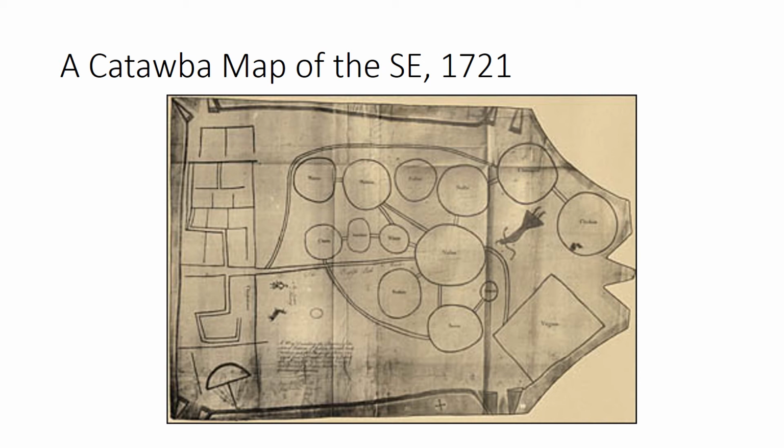It doesn't have boundaries because this Catawba man, like most American Indians at that time, unless they'd spent a whole lot of time with Europeans, didn't even conceive of boundaries. They didn't even conceive of imaginary lines that divide up people's territory and land that is owned by people.